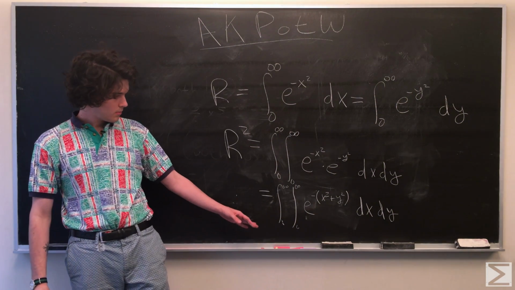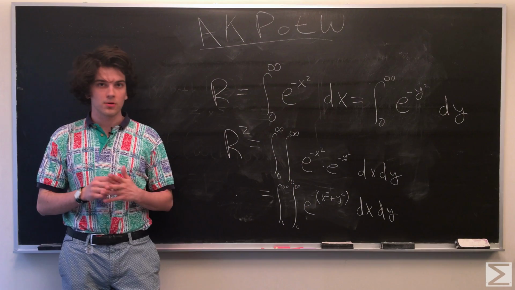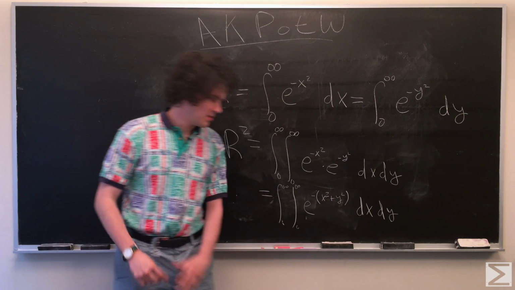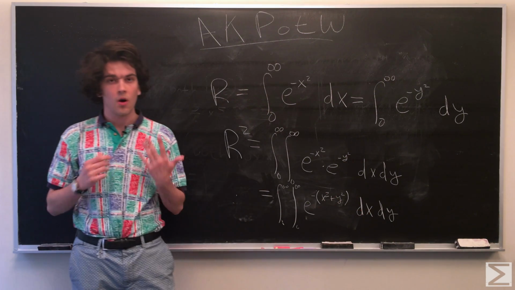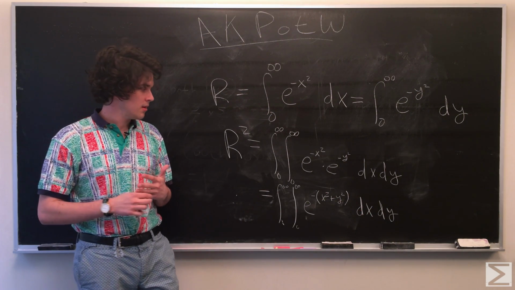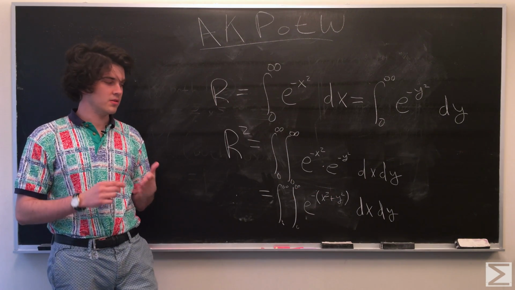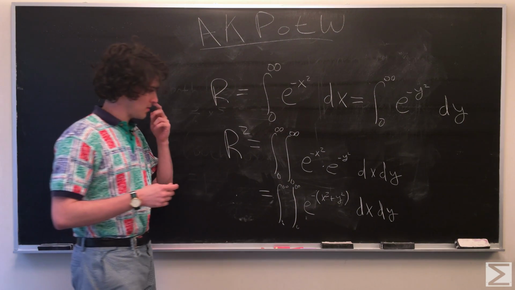Now we can easily flip this into polar coordinates, and without getting into any technicalities of why this is, we know that dx dy is equal to r dr d theta, and x squared plus y squared is equal to r. So now we have everything in terms of r and theta, which are the polar metrics we're going to be using.